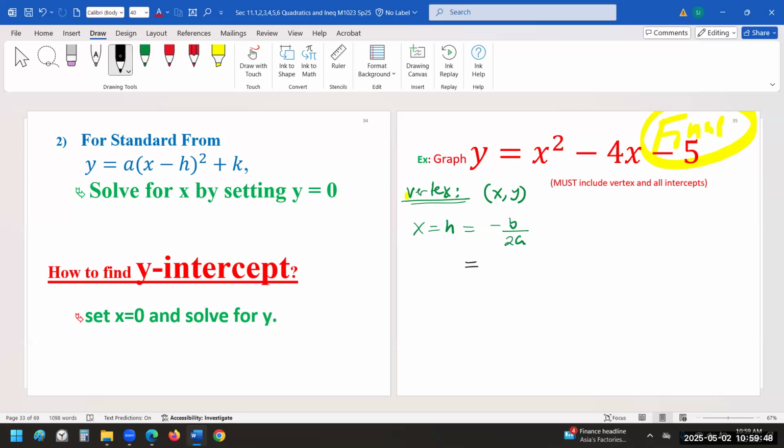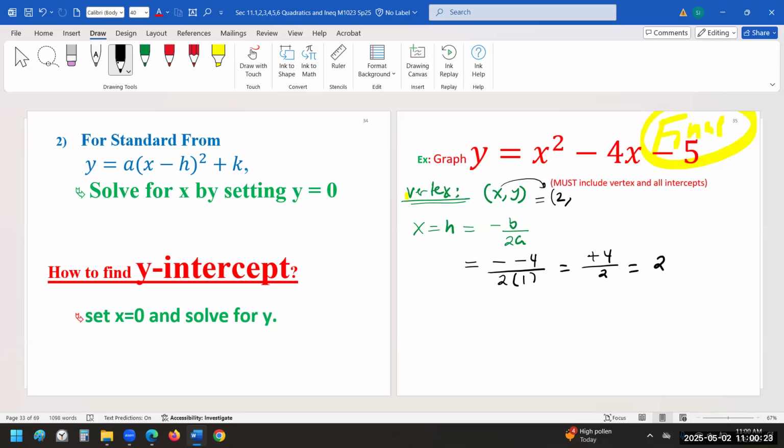So in this equation, what is our b? Negative 4. So it's negative 4 and divide by 2 times, oh, I forgot a. What is our a here? No, x is the number, 1. So we have positive 4 over 2, which is 2. So the x value here is 2.